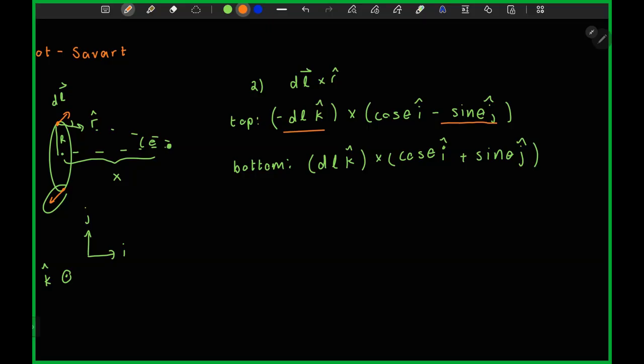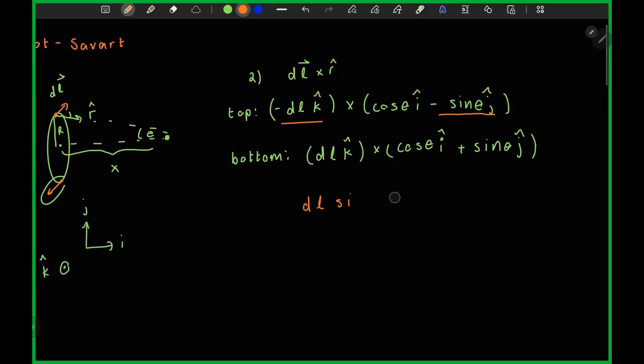What that means is at the top and the bottom, we'll end up having dl sine theta k hat cross j, but we'll get a cancellation where we have negative dl k hat cross cosine theta i hat versus dl k hat cross cos theta i hat. Those will produce opposite components, which will cancel out.